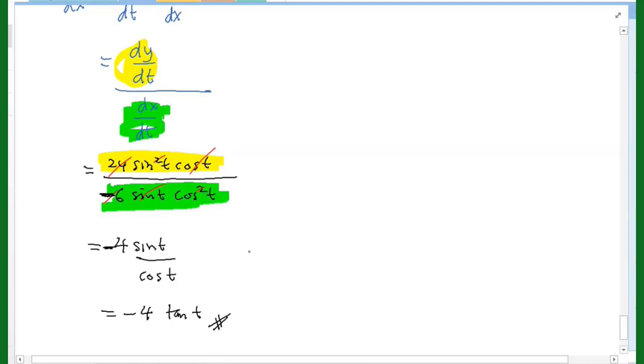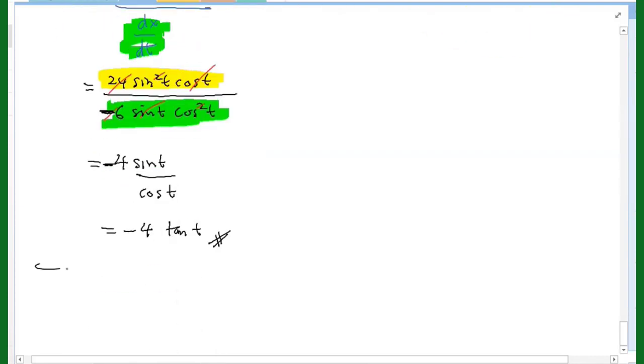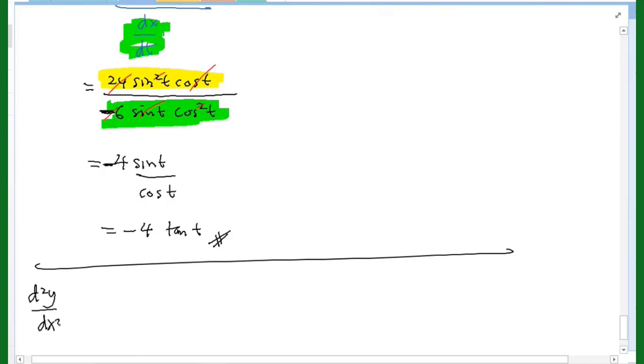So dy/dx is negative 4 tangent t. Settle. Now we're going to find d2y/dx squared.